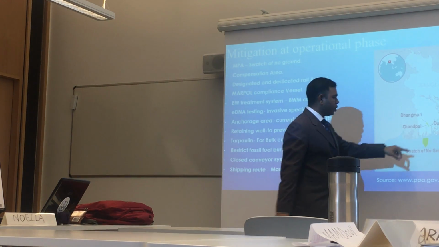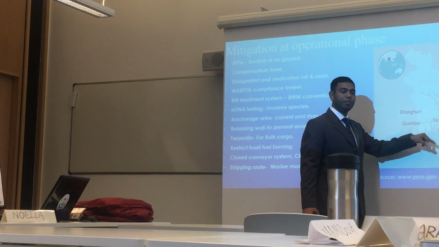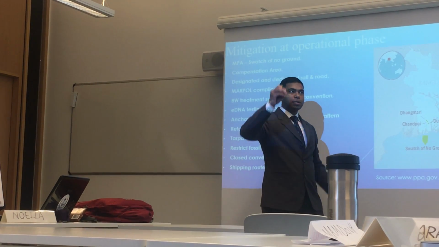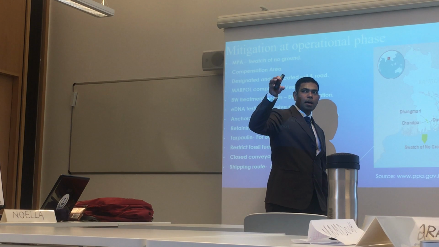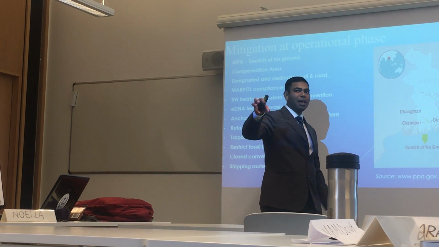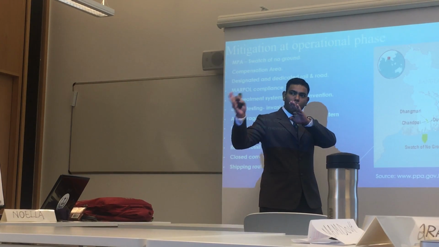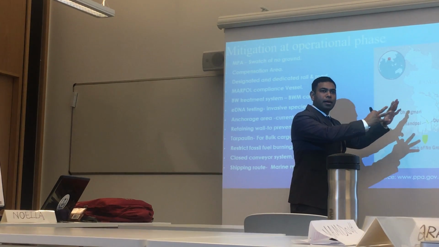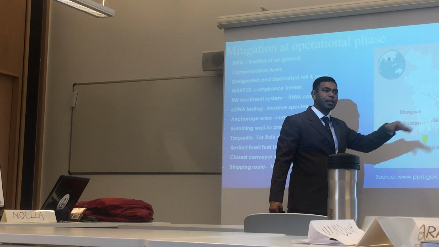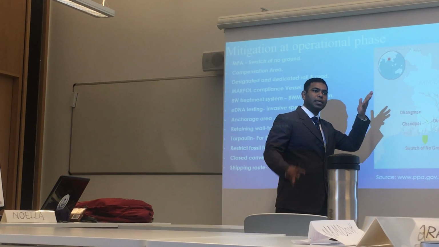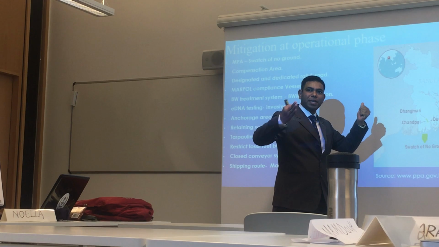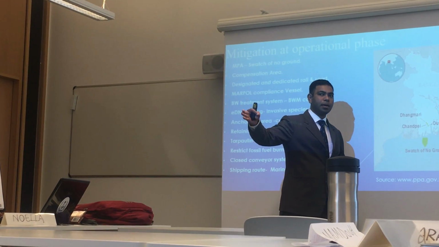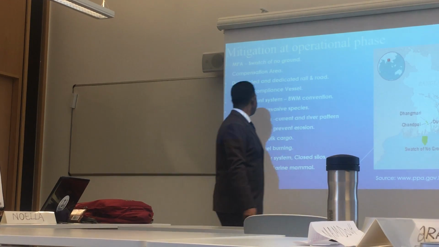We have one MPA, we call it Swatch of No Ground. We can have more MPAs, or we can have a compensation area, because this port construction will have a huge impact. To compensate for those impacts, we can have a new compensation area, so that there we can grow vegetation to compensate for the vegetation damage they have done at the port place.